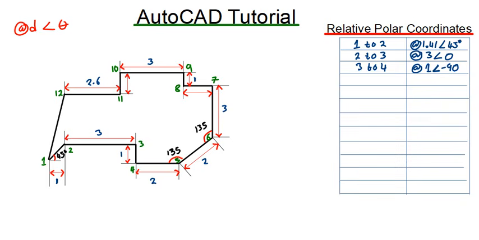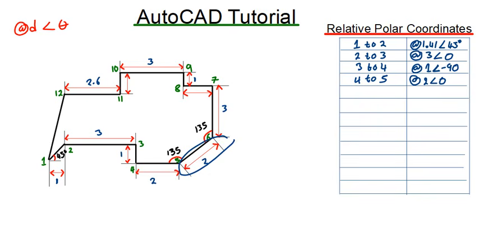So let me look at now from 4 to 5, from this point, that line there. That is also pretty straightforward. The distance that you have there is 2, so that will be at 2, then the angle is 0. Then let's look at from 5 to 6.